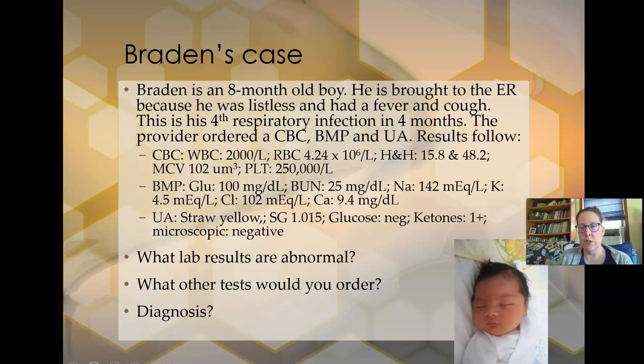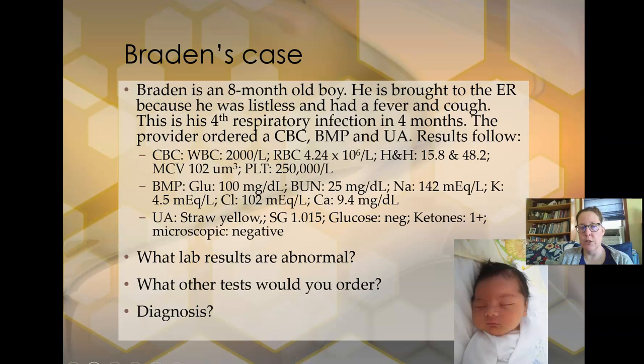On the BMP, glucose is 100, BUN is 25, sodium is 142, potassium is 4.5, chloride is 102, and the calcium is 9.4, units as listed. All that seems normal to me. UA is straw yellow with a specific gravity of 1.015, negative glucose, 1+ ketones, and nothing on the microscopic.